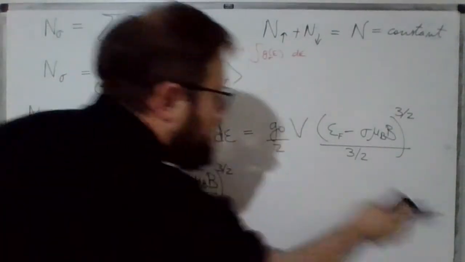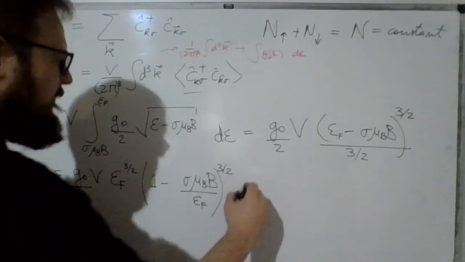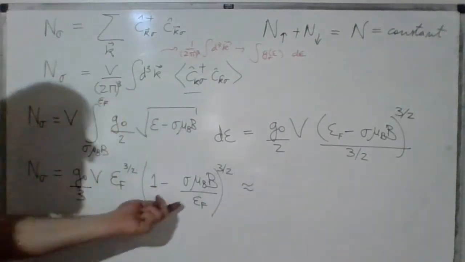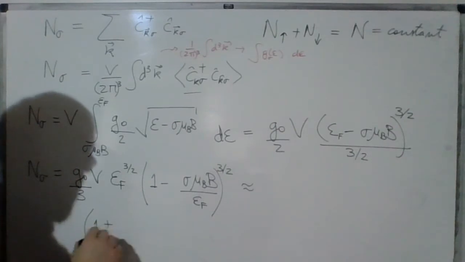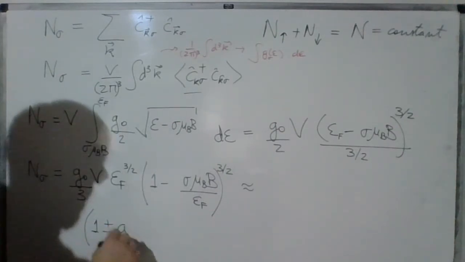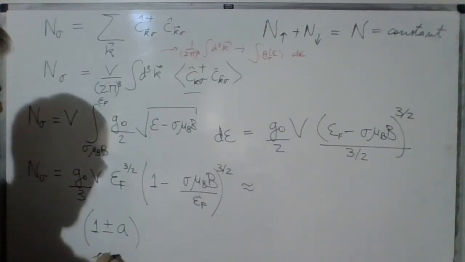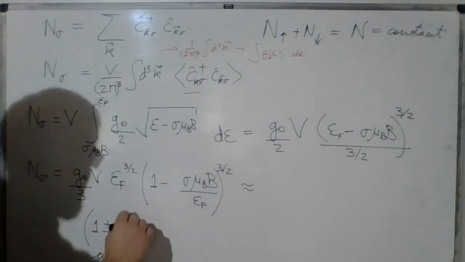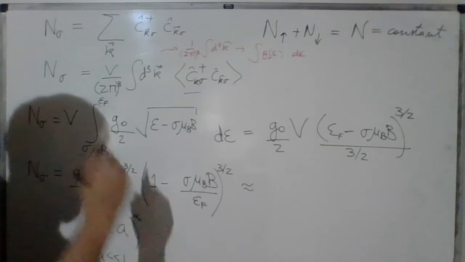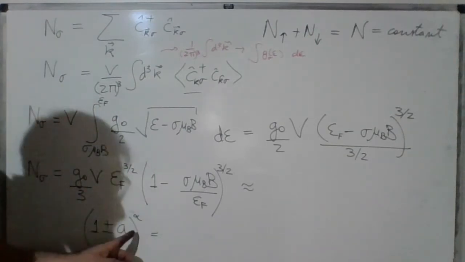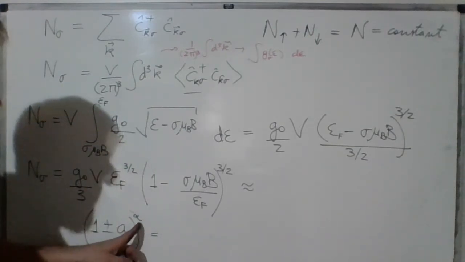If we consider that approximation, we can approximate 1 plus or minus something which is much smaller than 1, to the power of some alpha. It could be anything, it could be a fraction.